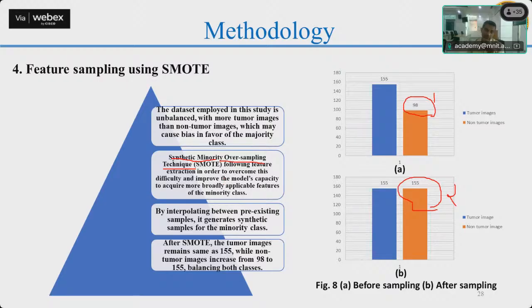It is basically following the feature extraction in order to overcome this difficulty and improve the model's capacity to acquire more broadly applicable features. So by interpolating between pre-existing samples, we generate synthetic samples from the minority class after SMOTE, so that has been shown here.